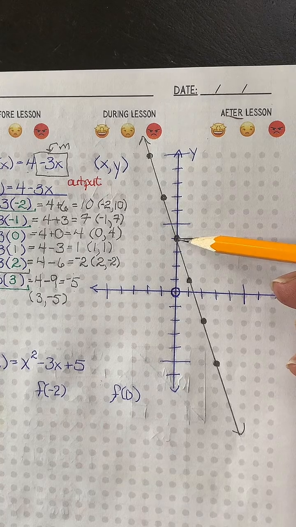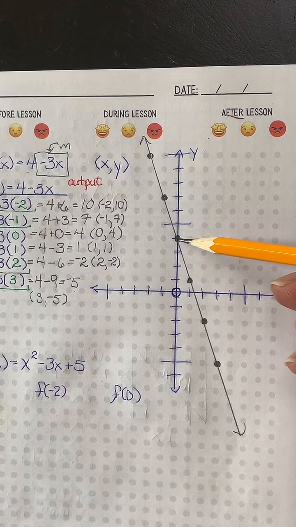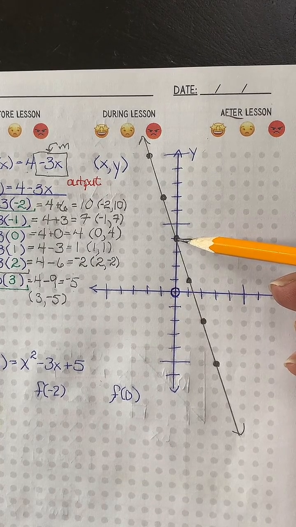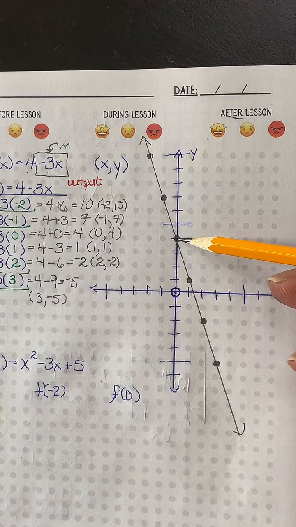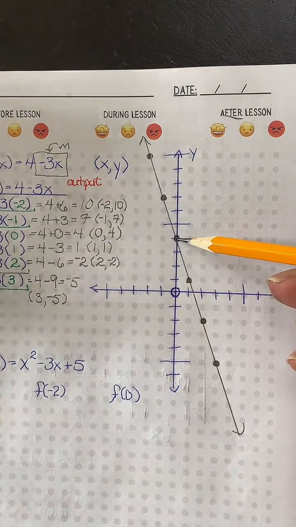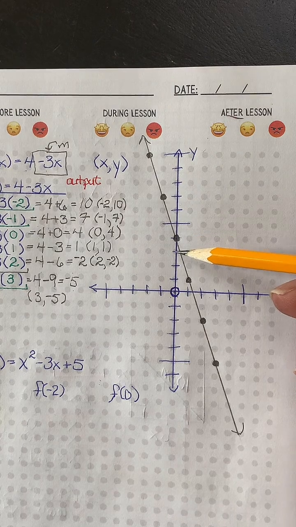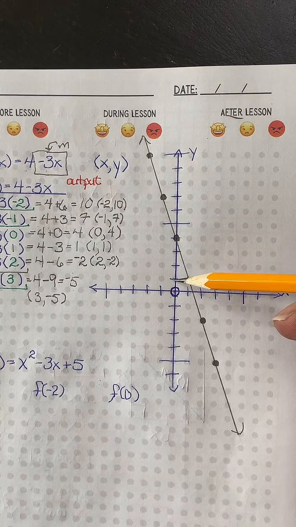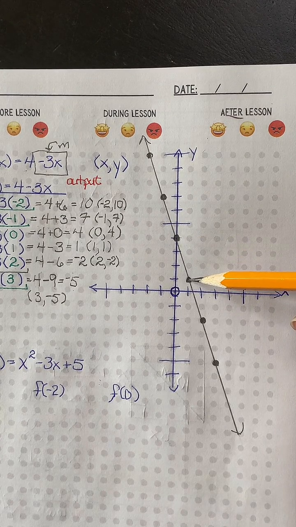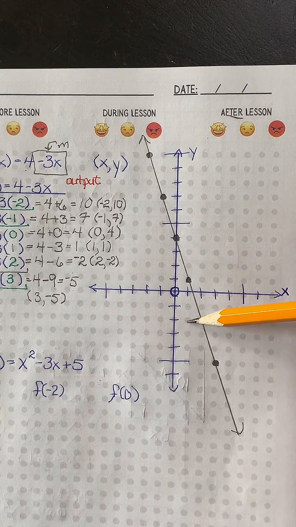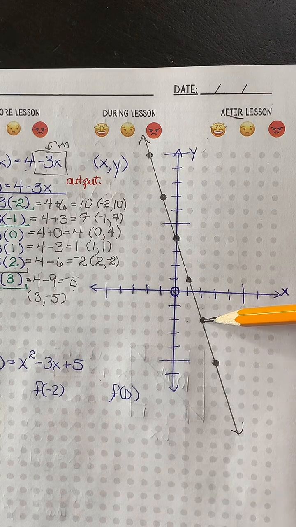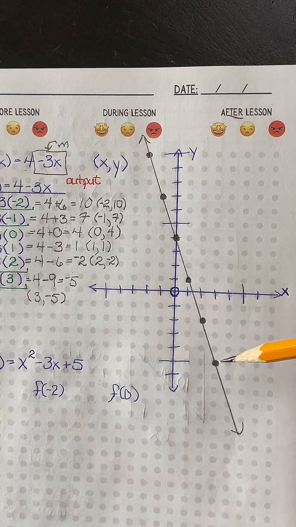My y-intercept, this is where you always start if they ever give you the equation of the line. The y-intercept is 4. My slope was -3. That means I can go down 1, 2, 3 over 1. We got a point there. Go down 1, 2, 3 over 1. We got a point there.